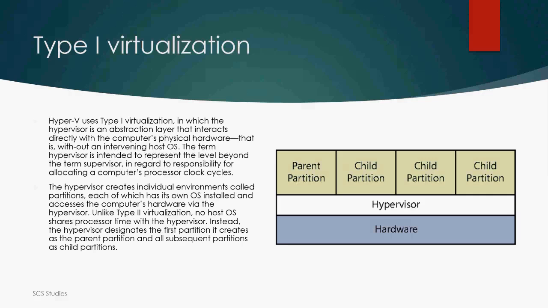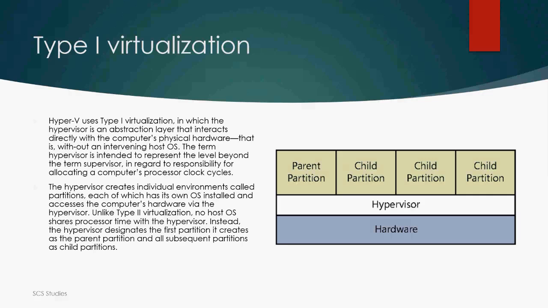After installing Hyper-V, it converts the virtualization to type 1, and it has the ability to contact the physical hardware directly, that is, without the intervention of a host operating system.